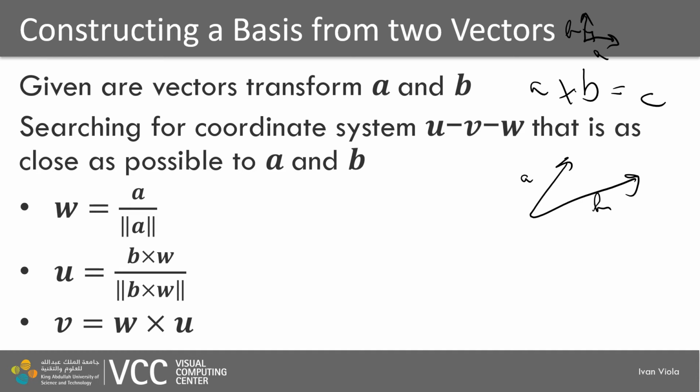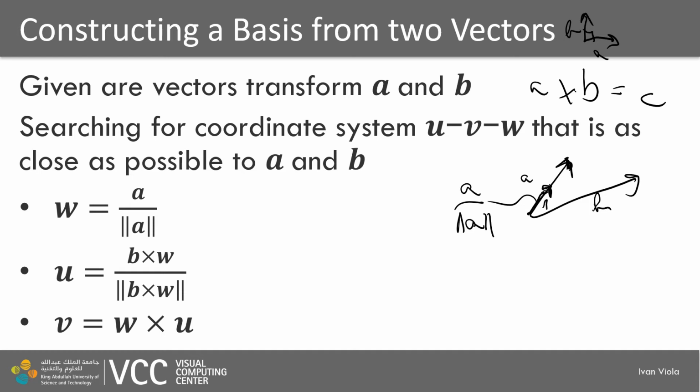We can create a UVW frame in the following way. First, we normalize A, so we divide it by its magnitude. This is A divided by the magnitude of A, and its length is equal to 1. Now, here comes the trick.